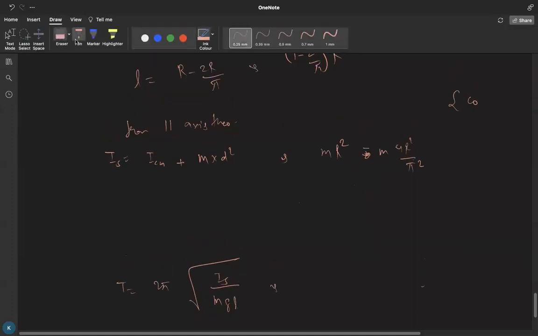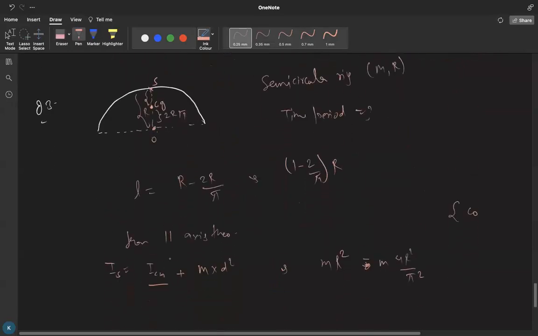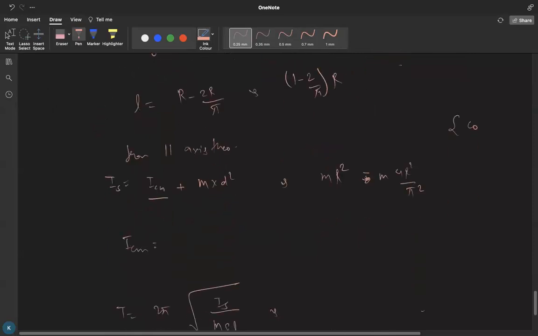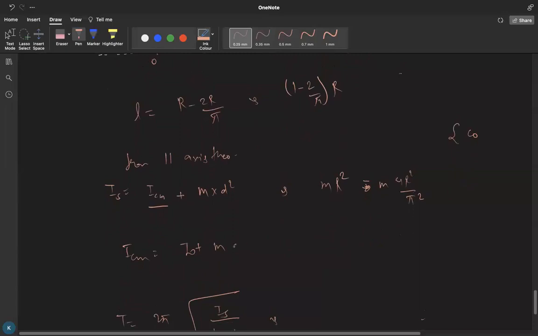First, you have to find the I about the center of mass, because we only know the I about O. So I about the center of mass is I about O plus m into the distance between O and the center of mass, basically m into d_OC square. And this is actually d_CS square.